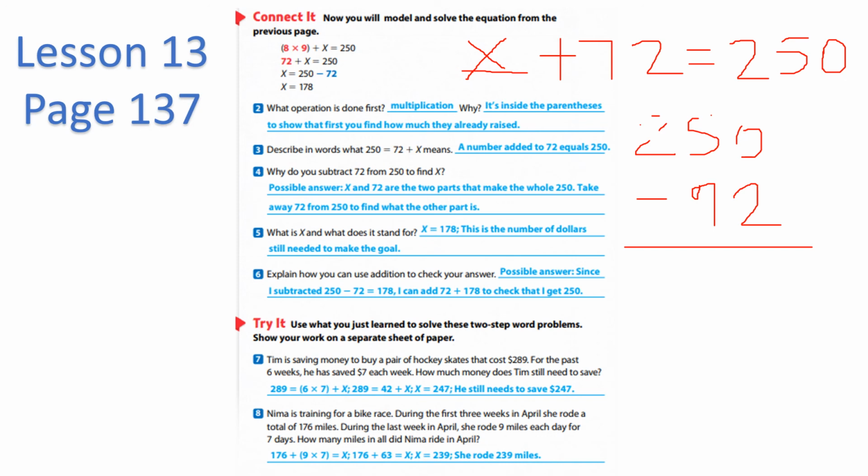Now, we will tell you that 7 and 8, the way you will think about those and try to make sense of those, is the same way that we tried to think about the original problem on page 136. Your 2 steps will involve multiplication and addition, and you might use some subtraction to check your work.